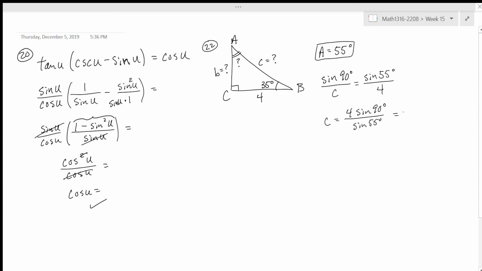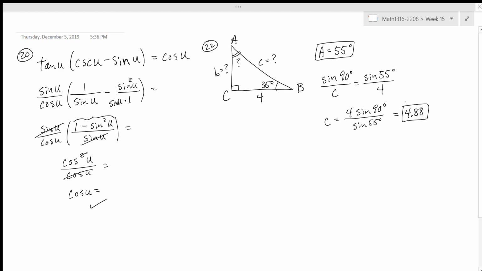And I believe it does say round your answers to 2 decimal places. So I'm going to need that calculated to 2 decimal places. Anybody? 4.88.